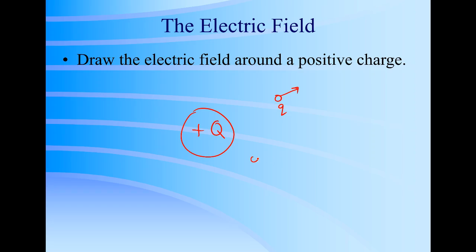And this little q is a test charge, and the test charge is always defined to be positive. Okay, so big Q, that is the charge that is creating the field, and little q is the charge that is experiencing the field. So a very similar argument to what we did with gravity.